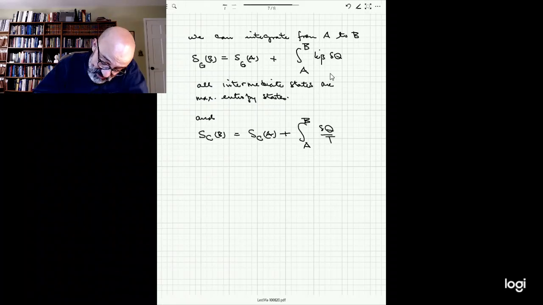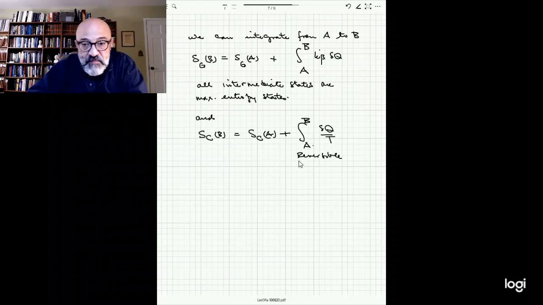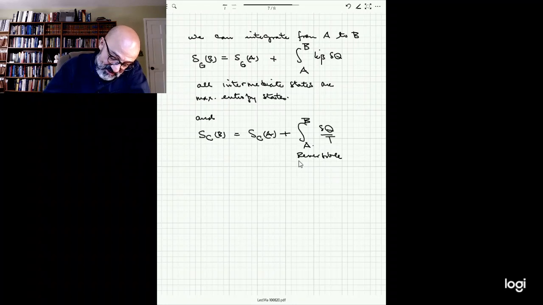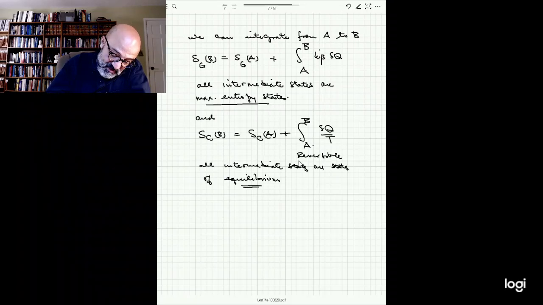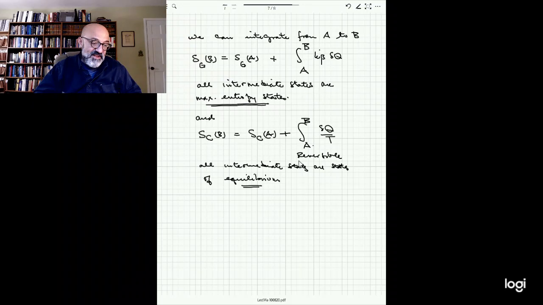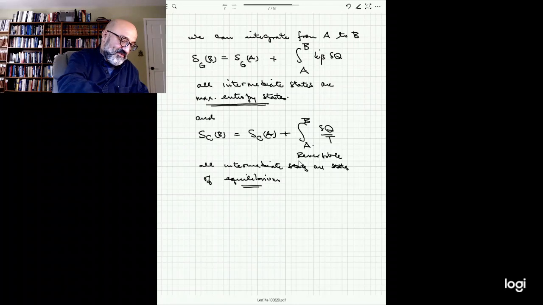Something very similar, except that here we have a reversible path, and that was meant to imply that all intermediate states are states of equilibrium. So here we can draw yet another parallel. So let us summarize what we have here.